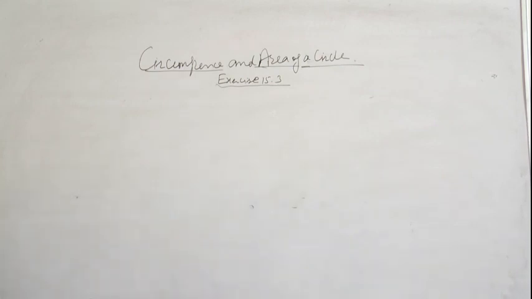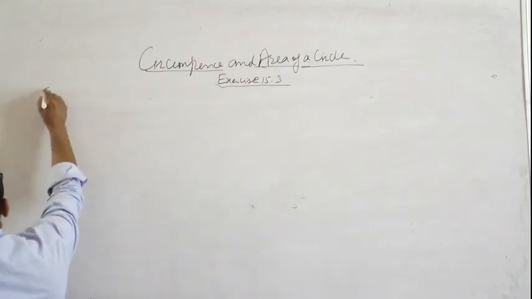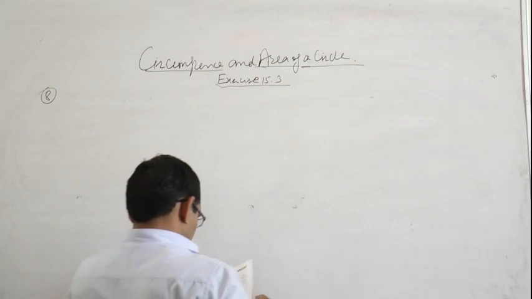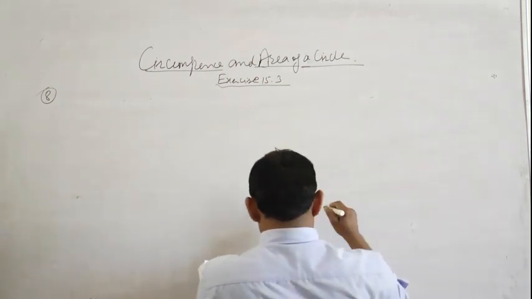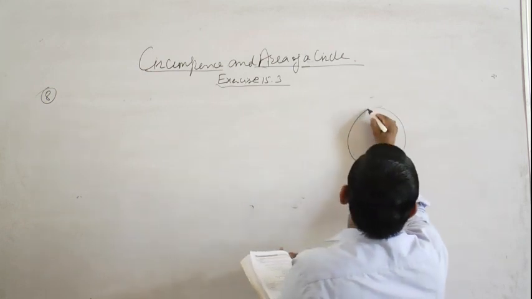Now next, question number 8. Question number 8 is again in the given figure. AB is the diameter of circle. Suppose this is any circle.